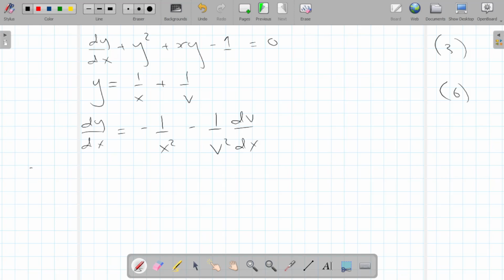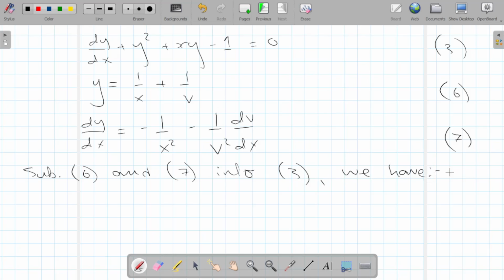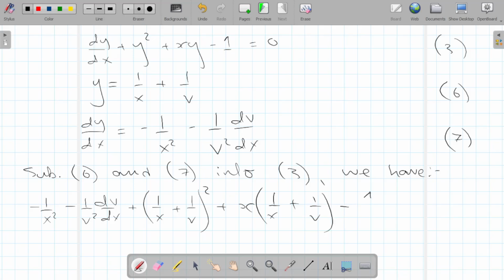So substituting equation 6 and 7 into 3, we have minus 1 over x squared minus 1 over v squared dv by dx plus y squared, which is 1 over x plus 1 over v all squared, plus x times 1 over x plus 1 over v minus 1.